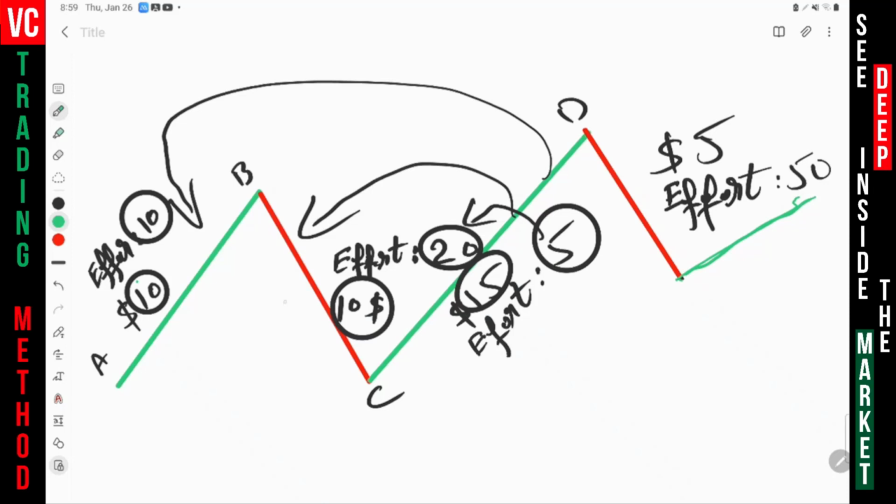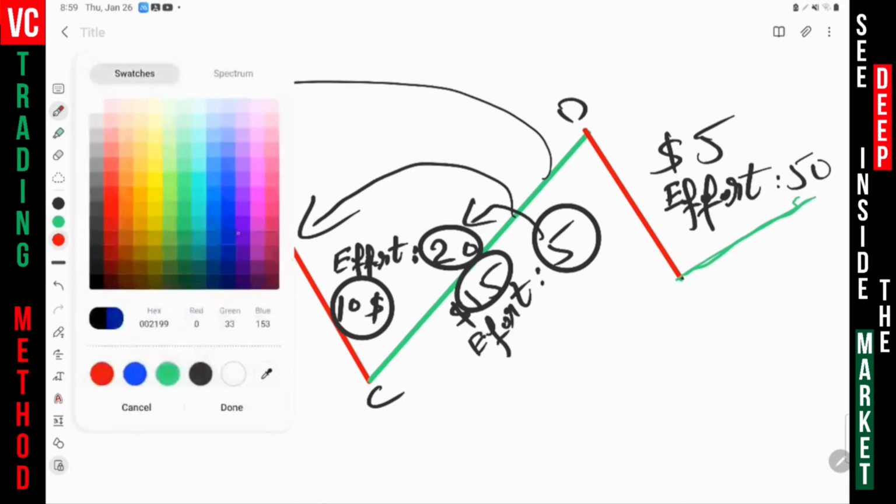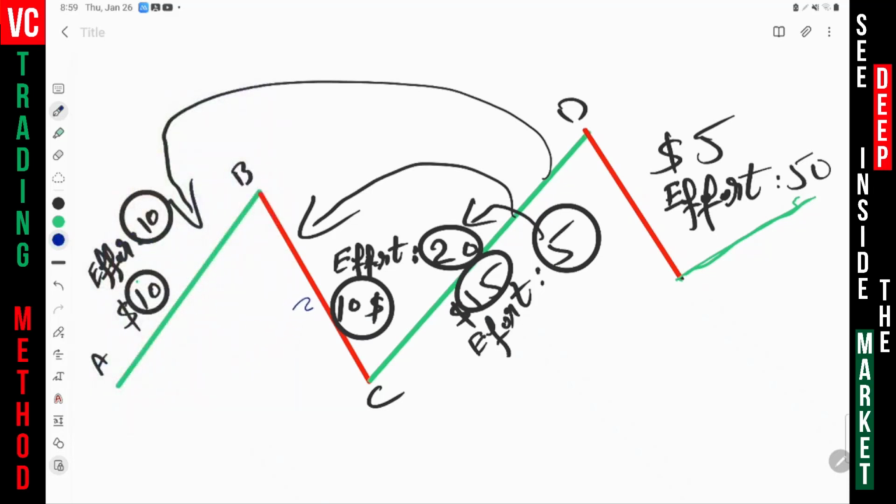In this candle, let me change the color of this one. This comparison, more effort, less result. This comparison, more effort, less results. So we have compared the previous 3 to 4 waves, continue and non-continue, and we are getting the same results: less effort and more results.